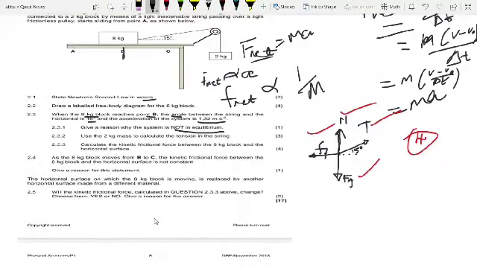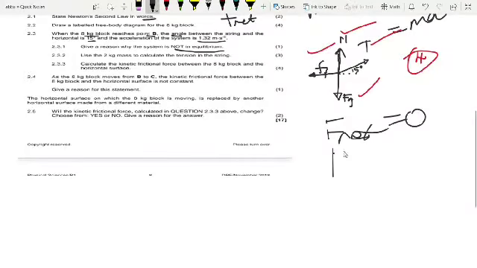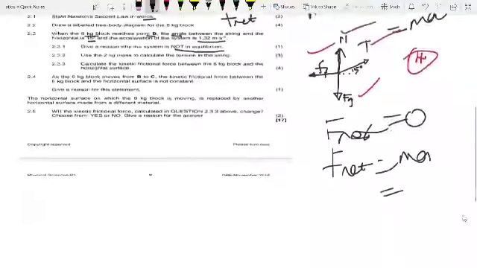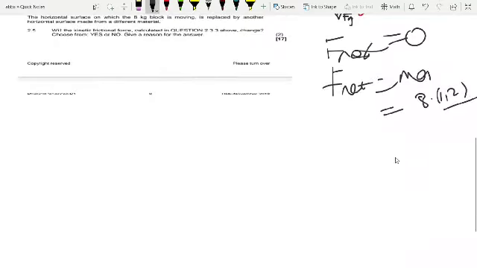Basically, the main reason why it won't be at equilibrium, F net equal to 0, is because F net equals ma. Here you have an 8 kg mass, so you say 8 times 1.2. We have an acceleration of 1.2.